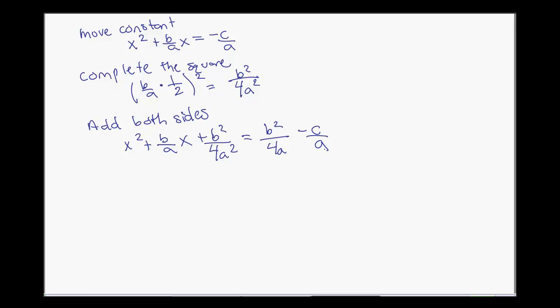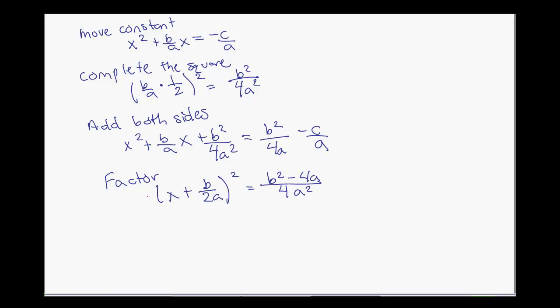Now we need to factor our left-hand side of the equation, which has a perfect square factor of x plus b divided by 2a, all squared, and our right-hand side can become one fraction as b squared minus 4ac divided by 4a squared.